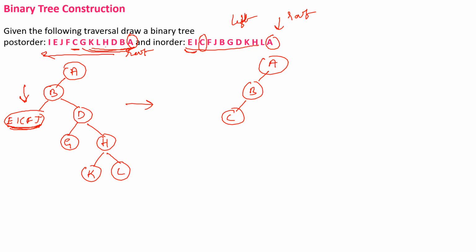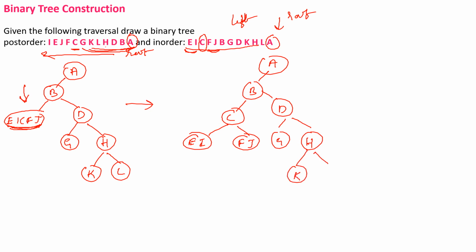C's left side we have nodes E, I and right side we have nodes F and J. So left side we have to have the nodes E, I and right side F, J. And we have already constructed the right subtree for node B, which contains nodes G, H and here K and L. So now we are supposed to decide which node is parent here and which is the parent here.